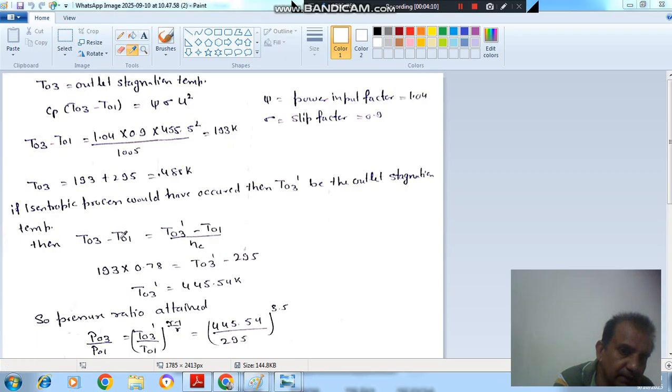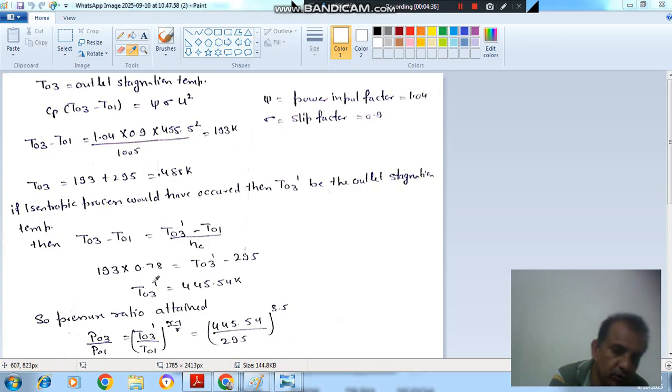So T03 minus T01 is the actual, and T03 dash minus T01 is the ideal, divided by isentropic efficiency. We can calculate T03 dash because we have T01, so T03 dash is your 445.54 Kelvin.